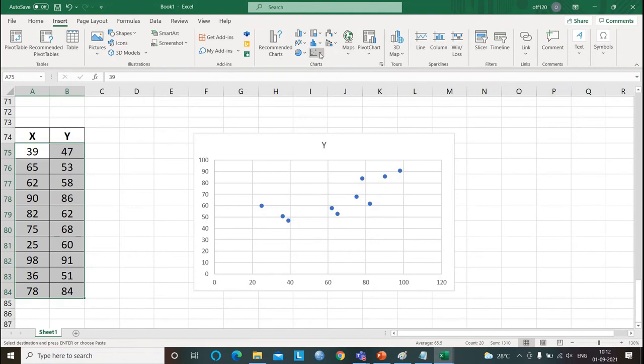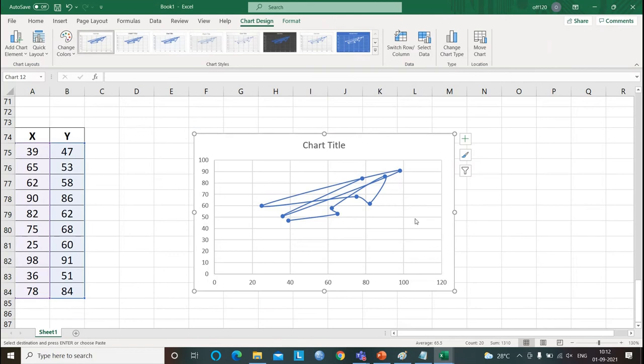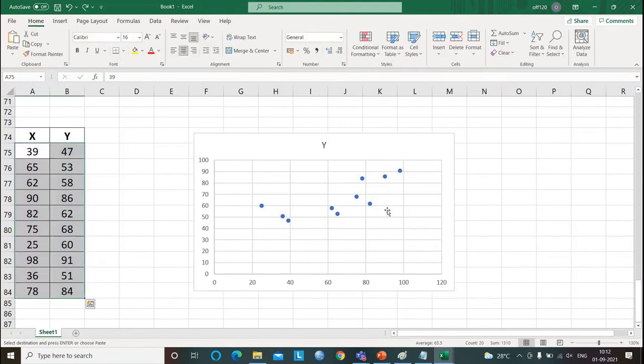I have used these lines, and the combination I'm getting over here starts from the first point, 47 to 53, and joins all these values. Once we draw it on paper, we just join these values. It would be like a wave kind of thing.